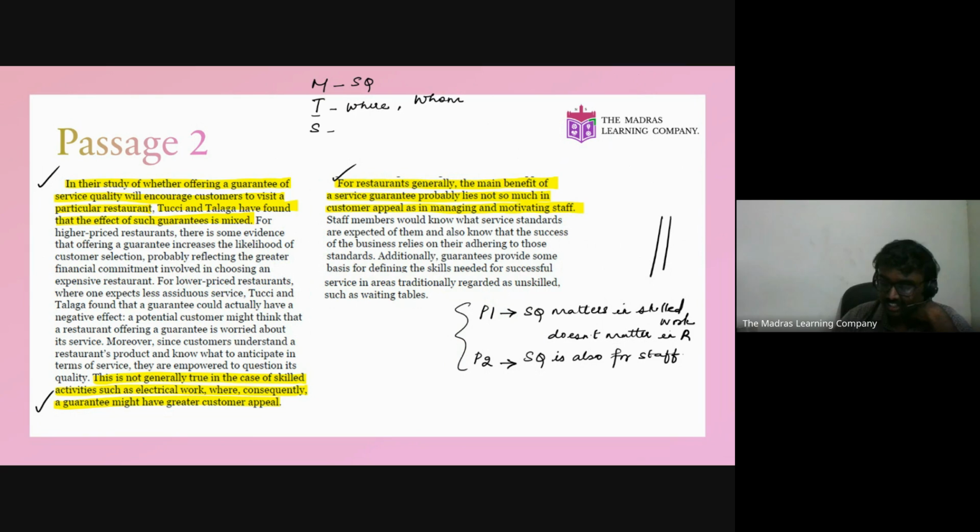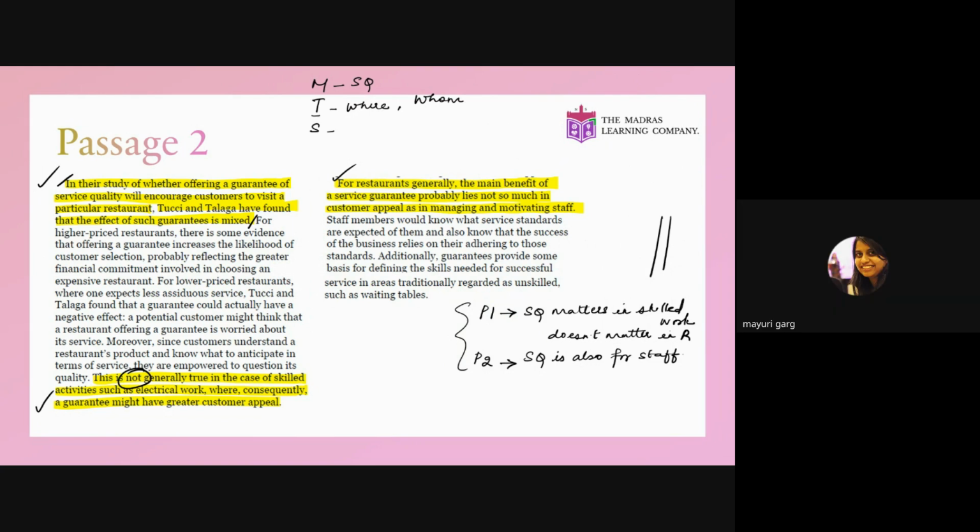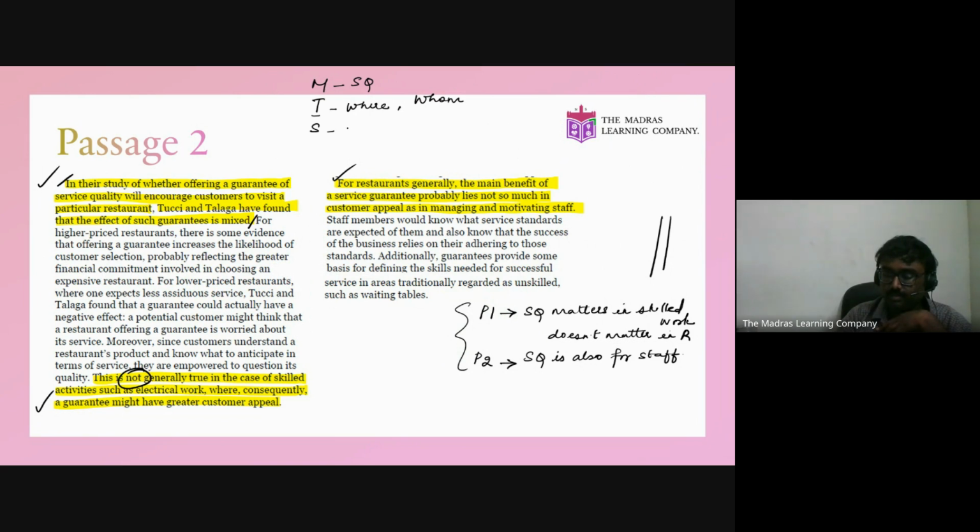So here you would consider this as multiple, Mayuri, because here it talks about one, and here there's a very clear opinion saying this is generally not true. It's true in some other cases. So the author is giving you a contradiction to what he said earlier. Oh, okay, yeah.